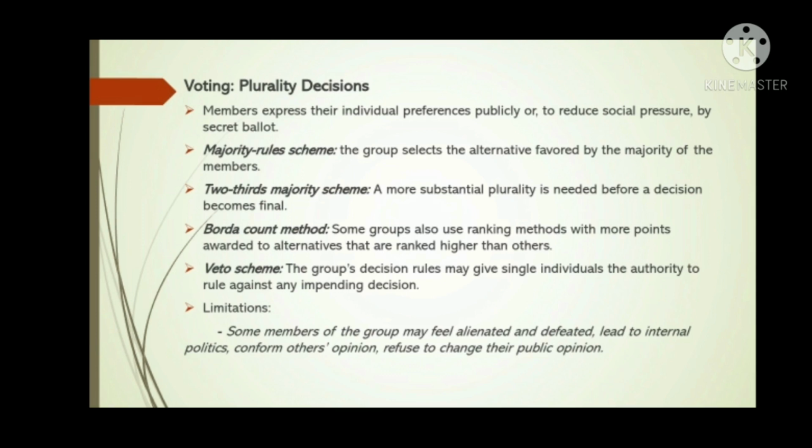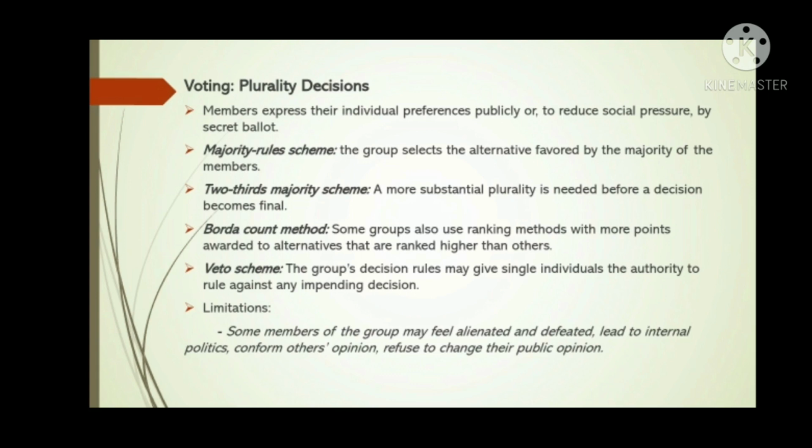When the vote is close, some members of the group may feel alienated and defeated. In consequence, they become dissatisfied with their membership and are less likely to lend support to the decision. Voting can also lead to internal politics as members get together before meetings to apply pressure, form coalitions, and trade favors to ensure the passage of proposals that they favor.